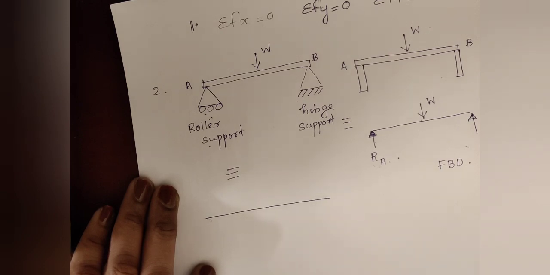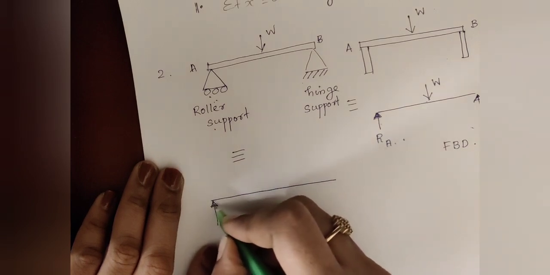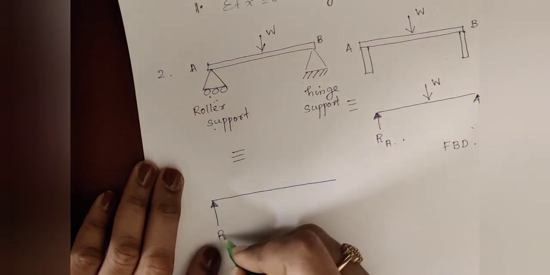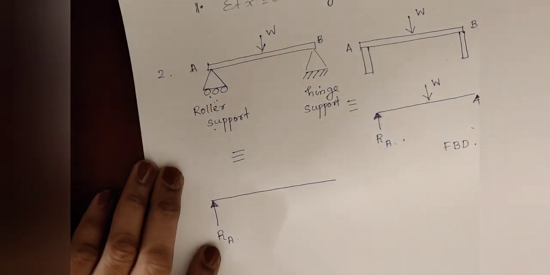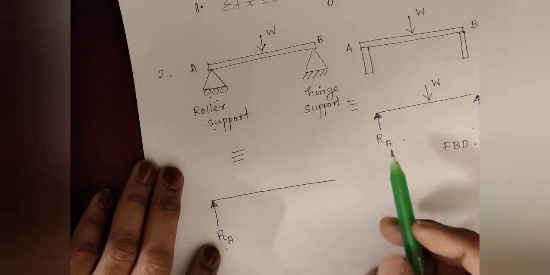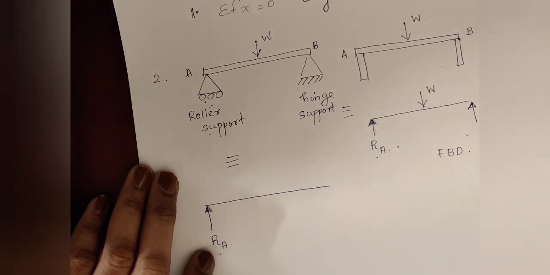It permits the horizontal motion and rotation. So it restricts the vertical motion, and the reaction developed is RA. This is similar to the simple support, that is, the roller has only a vertical reaction.